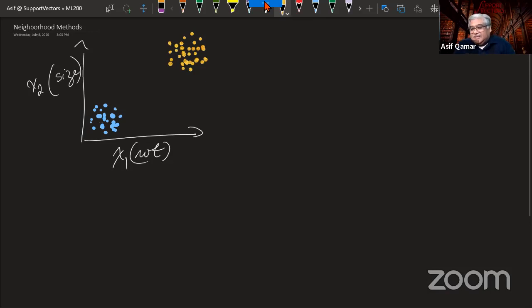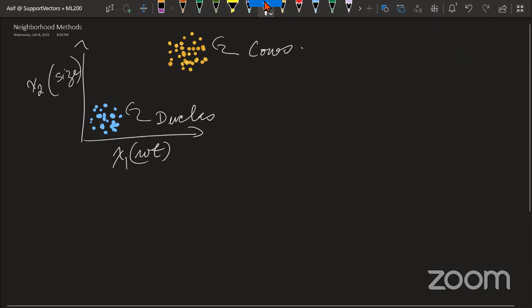Would you agree with that intuition? Is this pretty obvious? In the weight and size space, the cows will be big and heavy, and the ducks would be rather light. This would be the ducks. This would be the cows. Make sense?